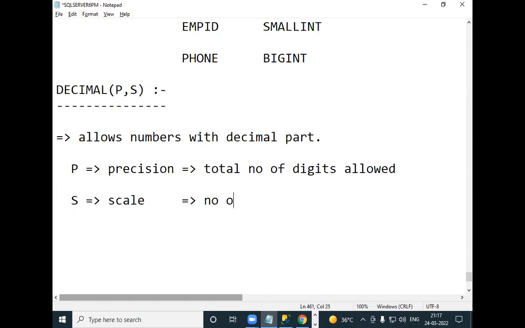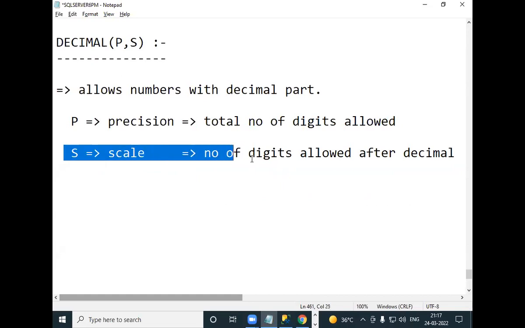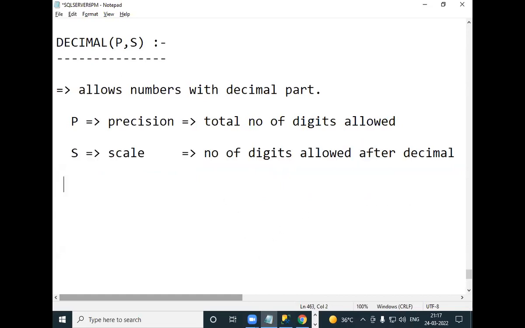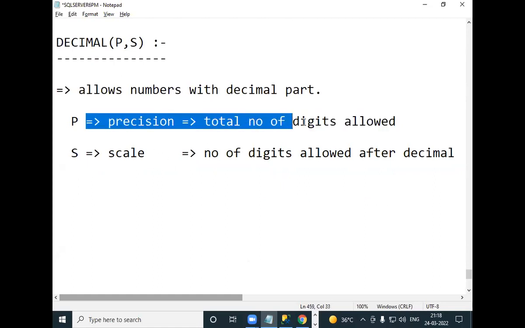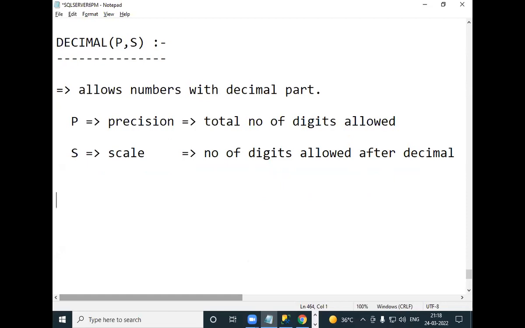What does scale mean? Number of digits allowed after decimal. Precision means total number of digits allowed. Scale means number of digits allowed after decimal. How many digits you want to allow after decimal and how many digits you want in total. Then an example, you'll understand this.